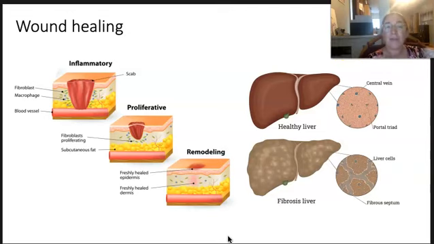But for some organs, if the scar tissue builds up too much, it really impairs the function of the organ. For example, the liver is a very regenerative organ, but chronically damaging the liver can cause fibrosis, basically fibrous scar tissue all over the liver that impairs its function and causes chronic liver disease.